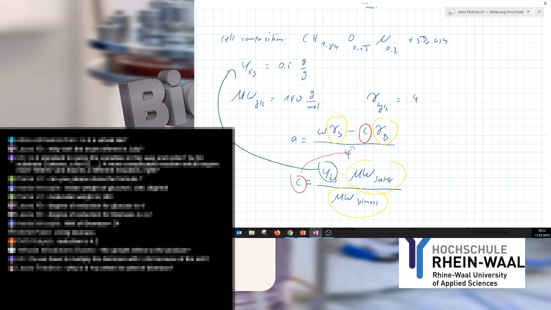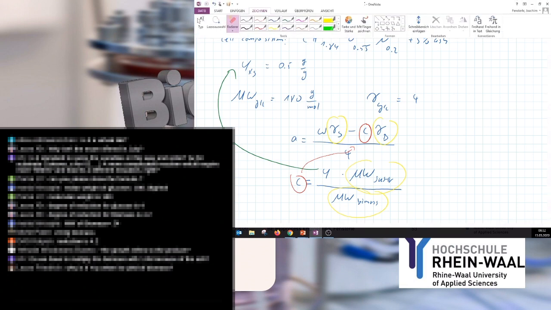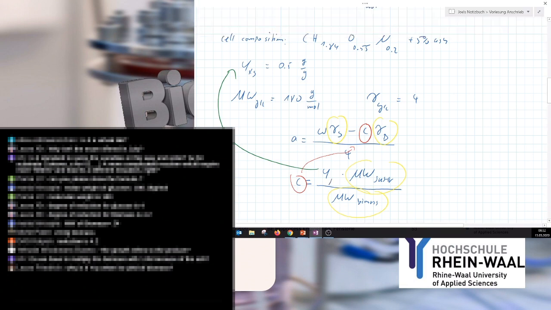YXY, when it's the yield of biomass, it's YXS. So maybe this is not nicely written. I write it again here. It's not YXY, it's YXS. So X stands always for biomass, by the way.